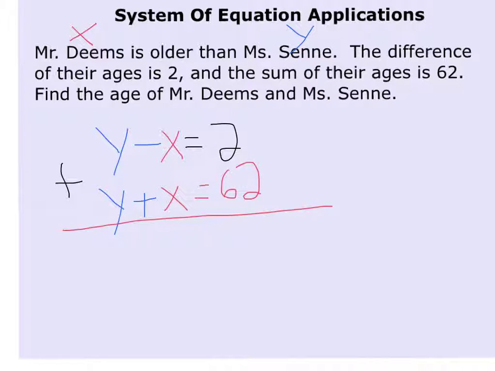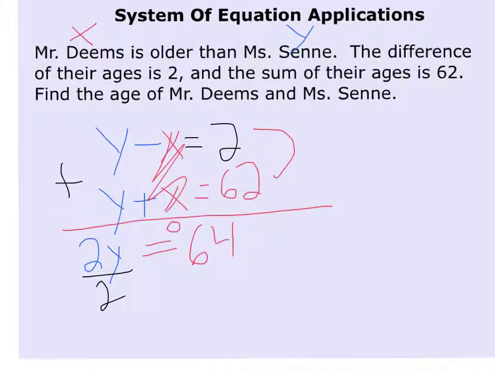So Y plus Y is 2Y. My x's cancel to 0, so I'm just going to ignore them. And then 2 plus 62 is 64. So next, I divide both sides by 2. Then I get y equals 32.